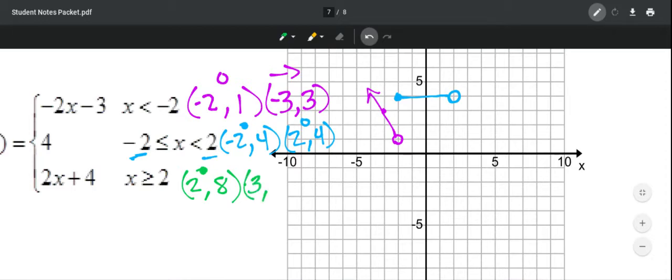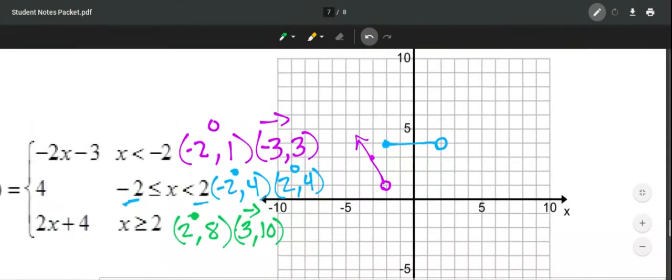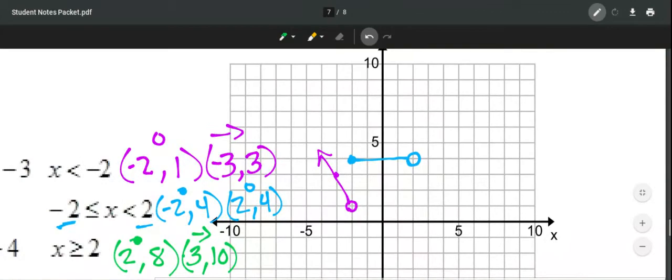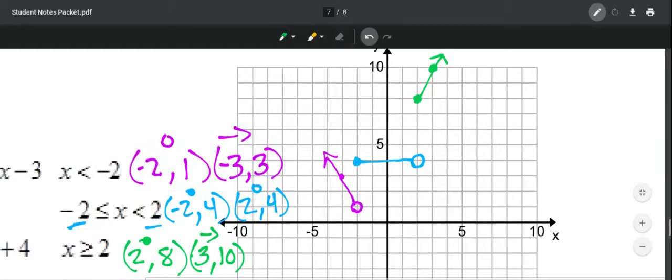I'm going to choose 3. 3 times 2 is 6. 6 plus 4 is 10. And that is where my arrow goes. So 2, 8 is way up here. And then 3, 10 is up here, and that's where my arrow goes.